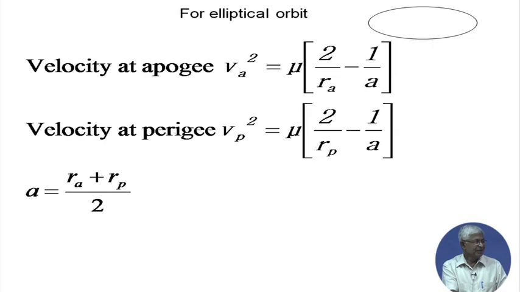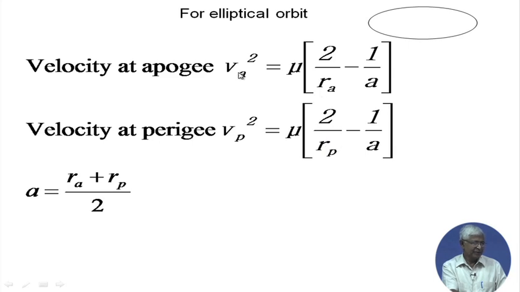So, if we put the planet or satellite in the elliptical orbit, at ra the velocity will be va square is equal to mu times 2 by ra minus 1 by a, where a is the semi major axis, and velocity at perigee, with rp, will be similar.